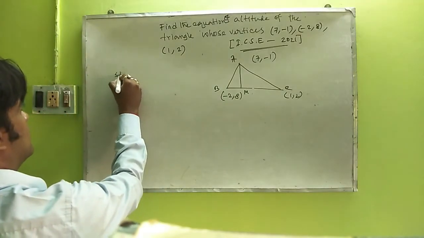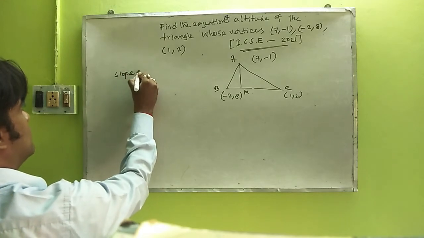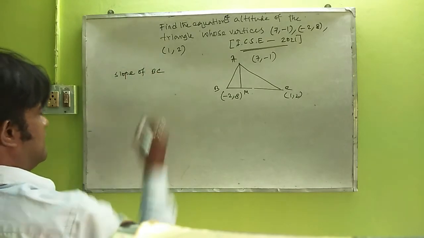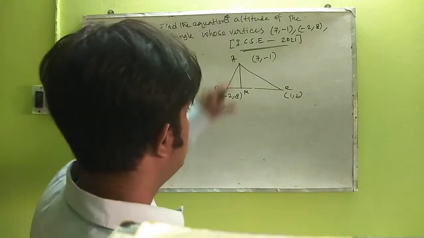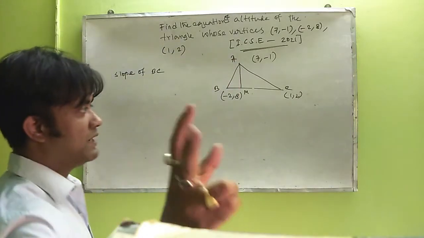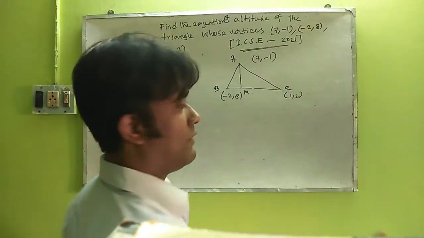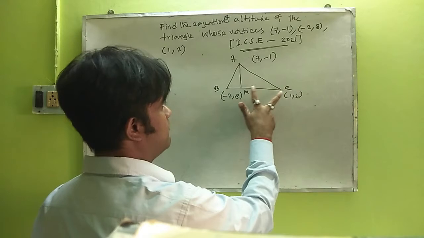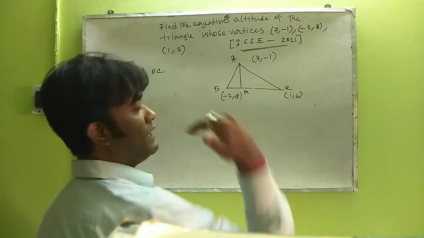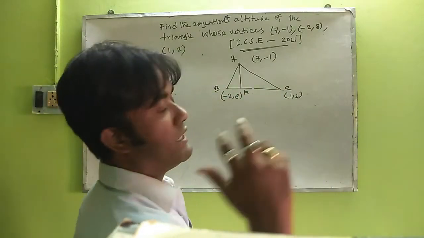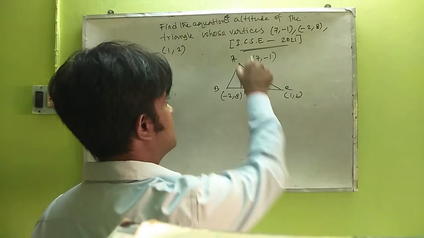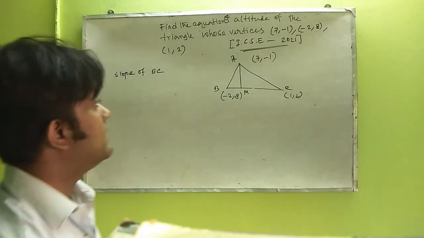Now slope of BC. To find the equation of AM which is perpendicular to BC, we first calculate the slope of BC. With the help of the slope of BC, we calculate the equation of AM.